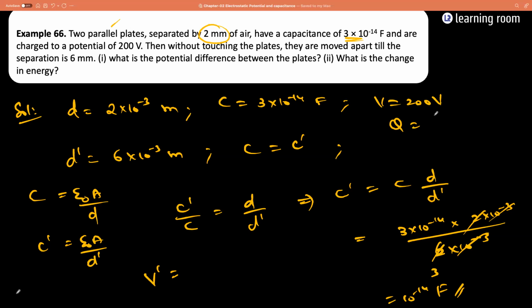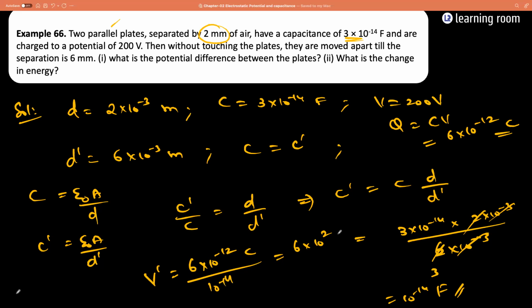Q is equal to CV, so 6 into 10 power minus 12 coulomb. So V dash will be equal to 6 into 10 power minus 12 coulomb divided by C dash, that is 10 power minus 14. So the answer will be 6 into 10 power 2 volt, or 600 volt. Means the potential has actually increased 3 times.